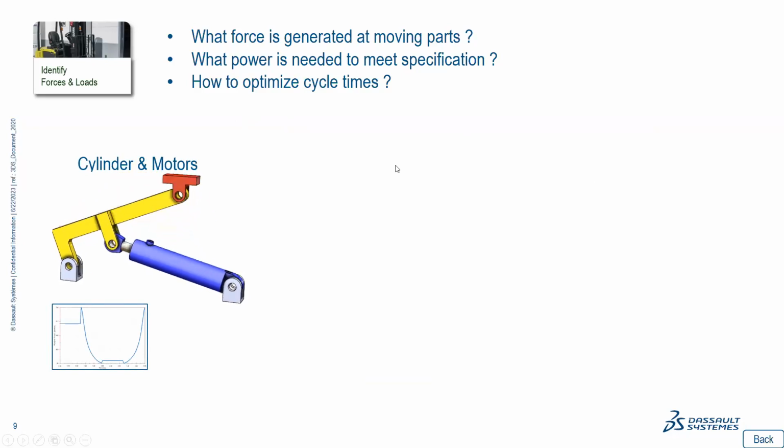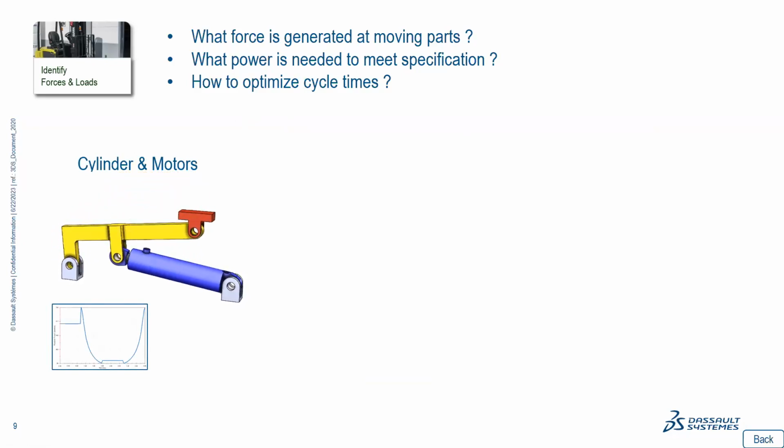It's like when you design a crane to lift your car. The car is approximately 2 tons, and you would like to know, for the design of the Vérin, what force is needed to lift up the car.